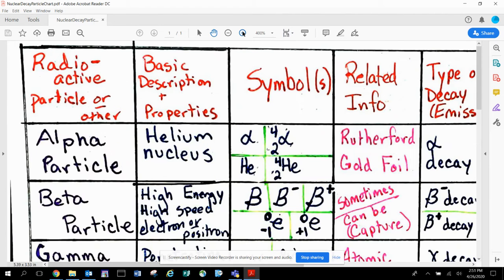Alpha particles are really highly charged, lots of energy helium nuclei. And they go by multiple symbols, okay? That right there, that's an alpha.